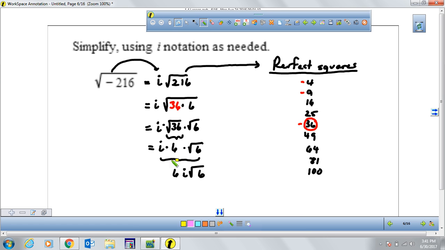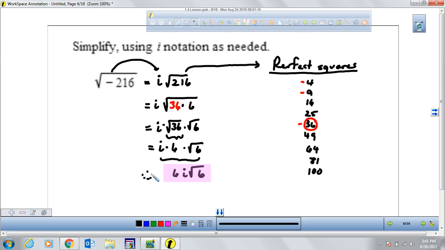And that is the square root of -216 in simplest form. In other words, in the form a plus bi. But in this case, we see that there is no a. So in reality, it is 0 plus 6i square root of 6. Okay, but we don't have to put that 0 in the front.